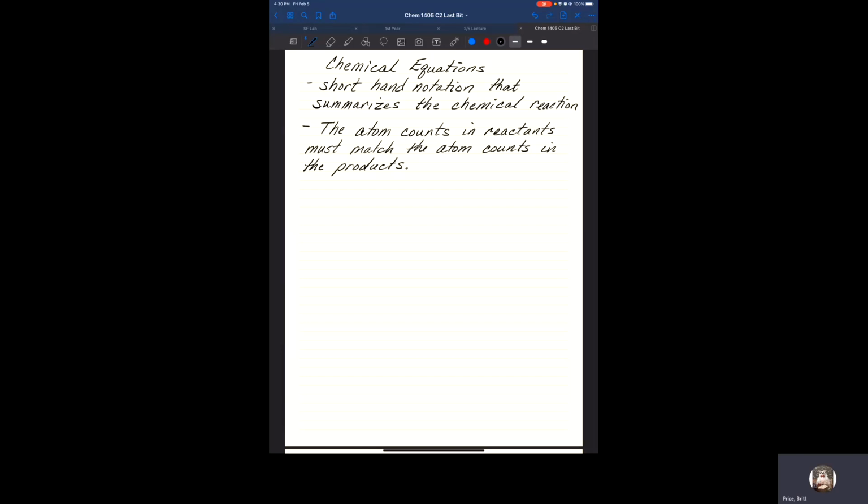To make sure this happens, we're going to use coefficients to multiply, to get that atom balance. They're used as multipliers to achieve that balance.